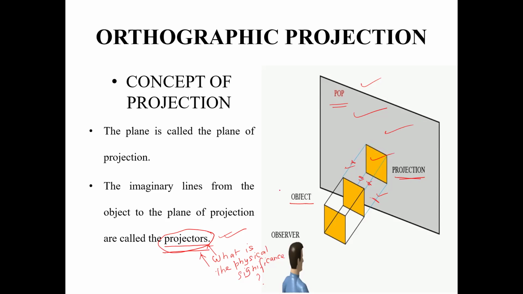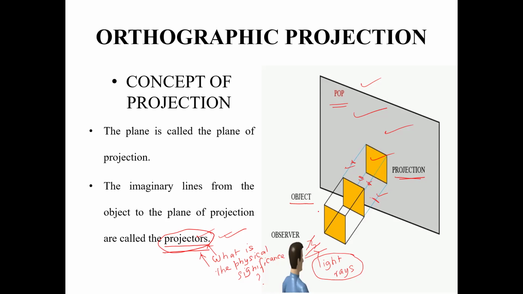All that is fine. But these projectors are basically representing the light rays which are originating from the eyes of the observer when he is looking at the object.